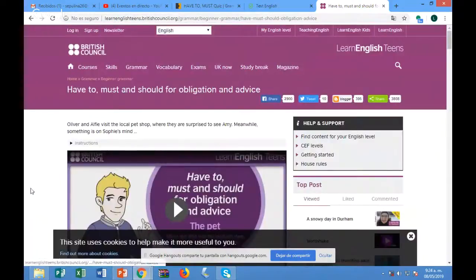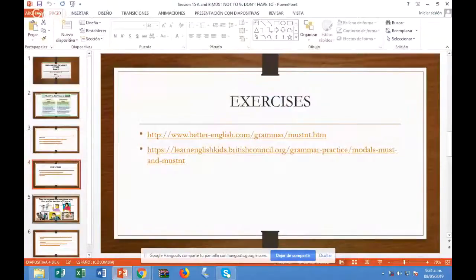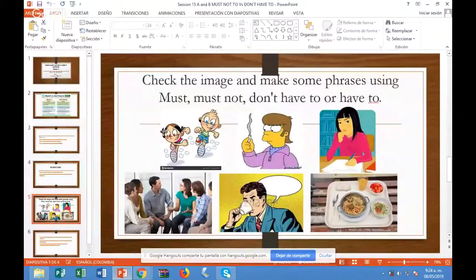And I have here some images also to practice using must not, don't have to, or have to. So it depends what you want to express with these kinds of phrases. You can make different kinds of phrases using these topics.